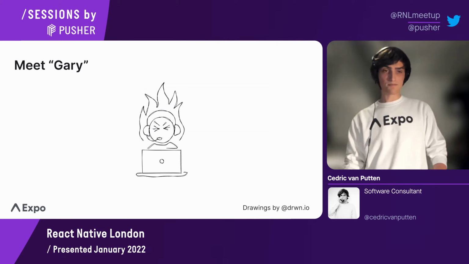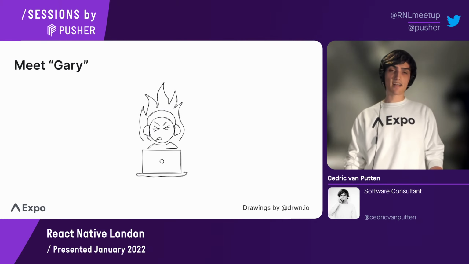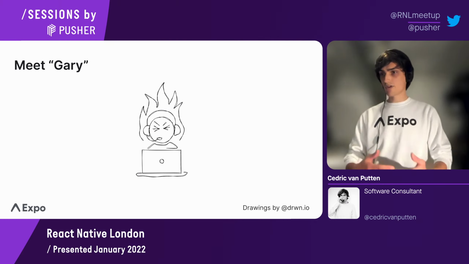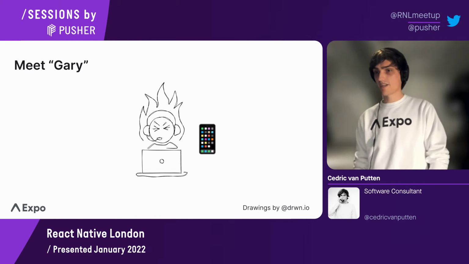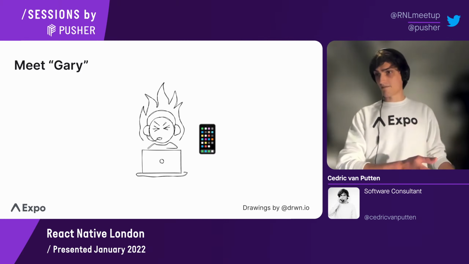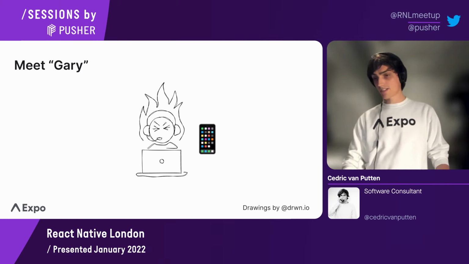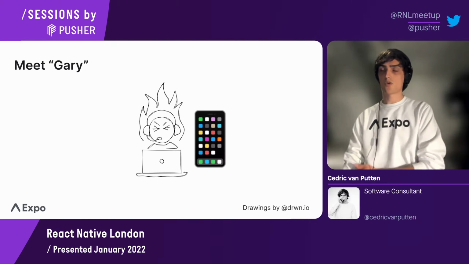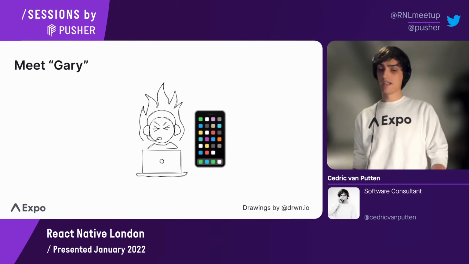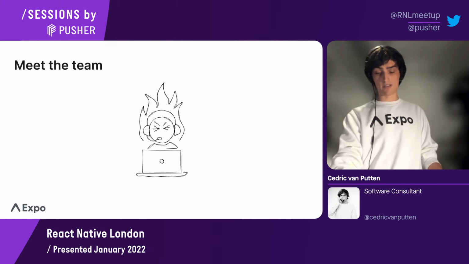So let's start. Meet Gary. Gary had a brilliant idea, created an app for it, and it went live. He gathered money with it, so he could reinvest into his app. He could grow his app, but realized soon enough that just one developer wasn't good enough. So what did he do?